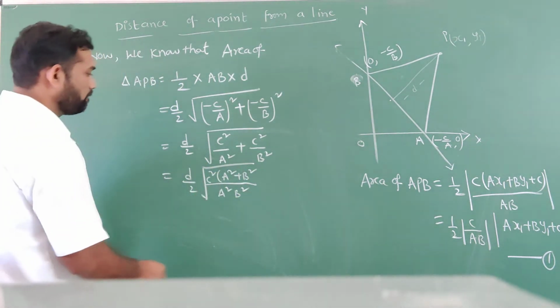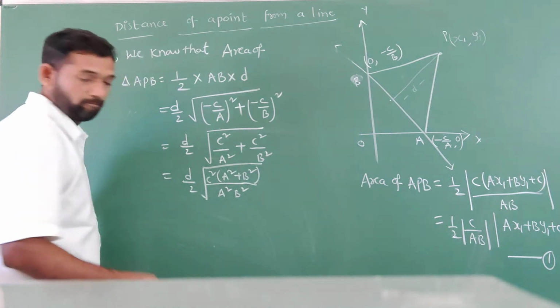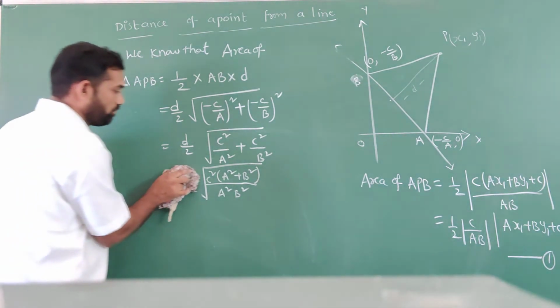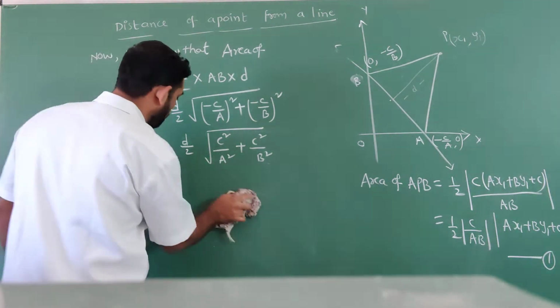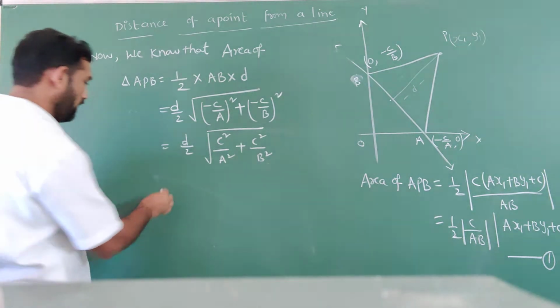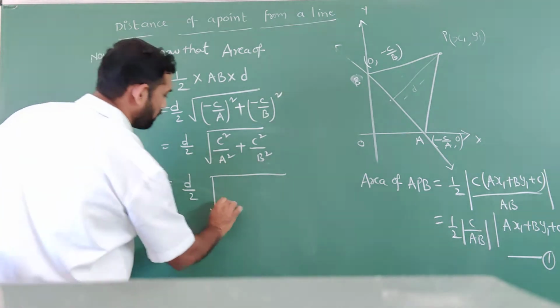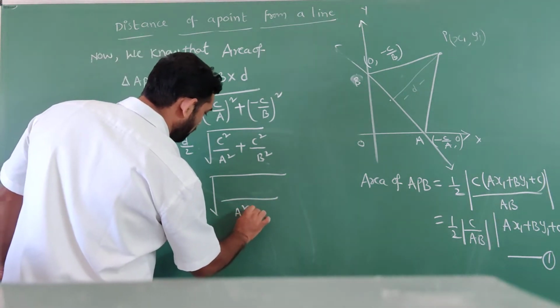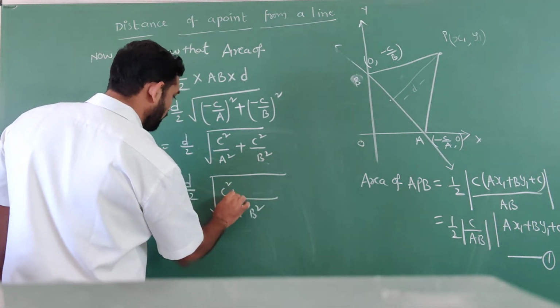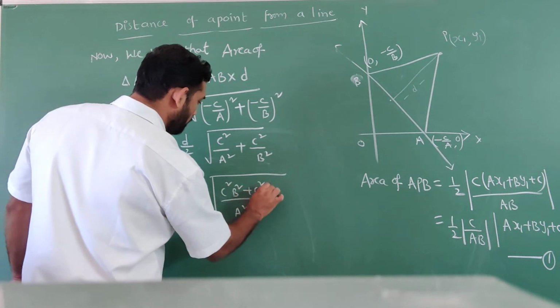So D by 2 root over LCM A square B square, C square B square plus C square A square.